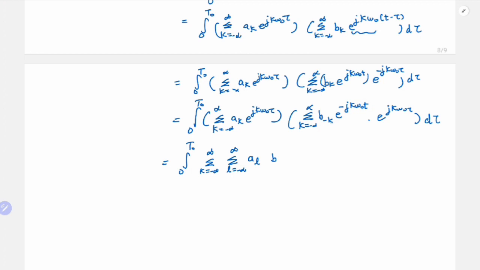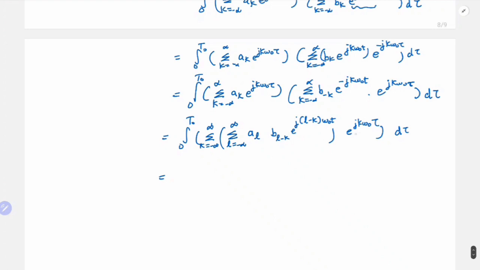Because it is K minus L actually, but since there is a minus sign, it will be L minus K, e power minus j into K minus L. We can also write it as j into L minus K omega naught t, right? And this entire term comes here, and we have e power jk omega naught t. So this is the integral, and the k terms come here, and d tau. This is tau, right?